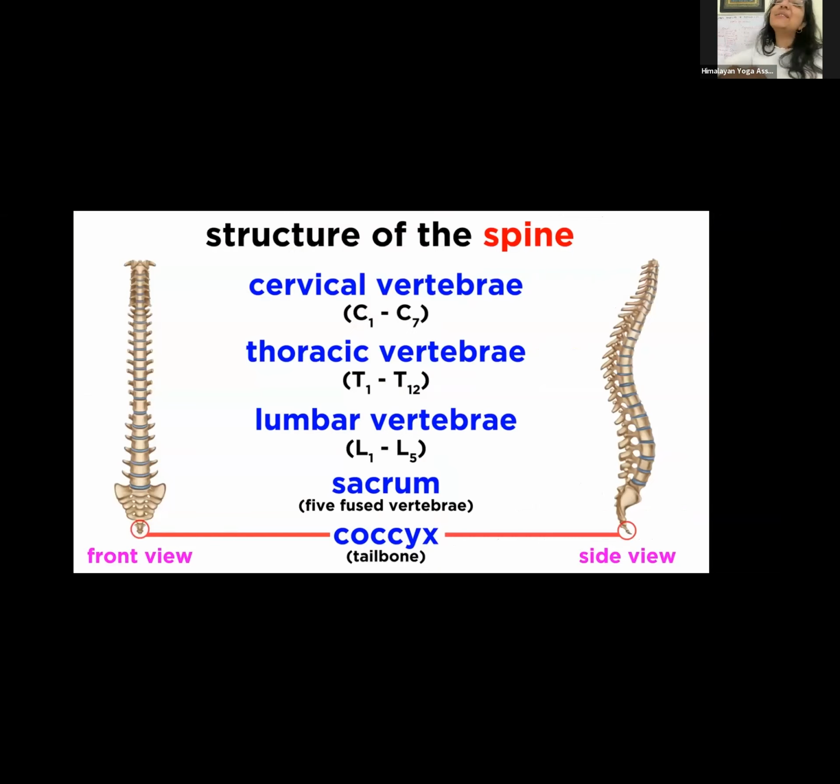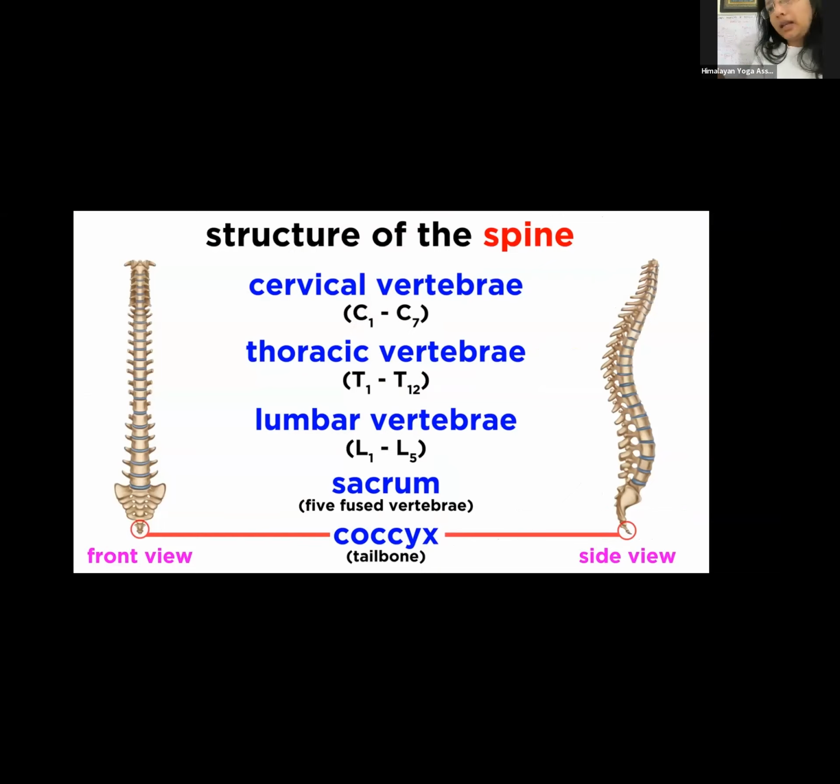Okay. So here we have cervical vertebrae. This says structure of the spine.